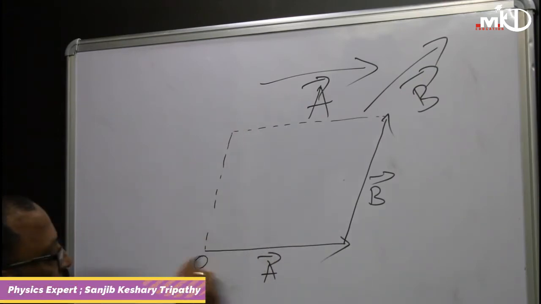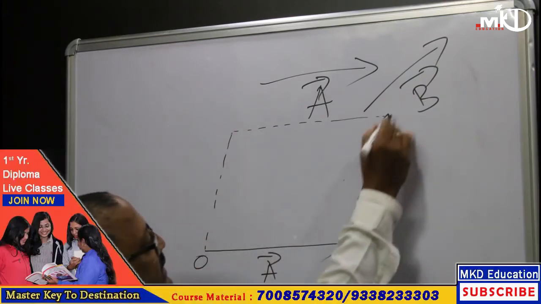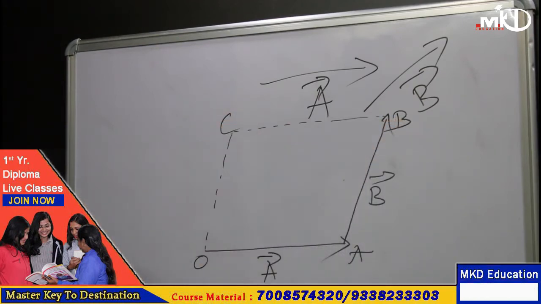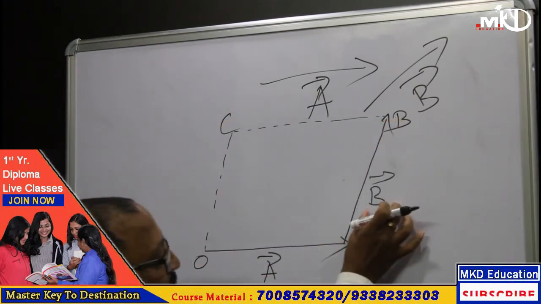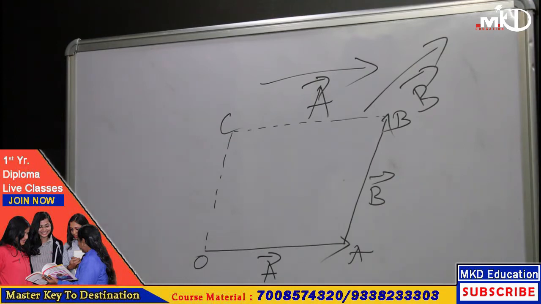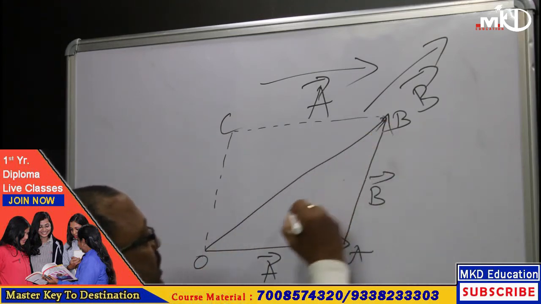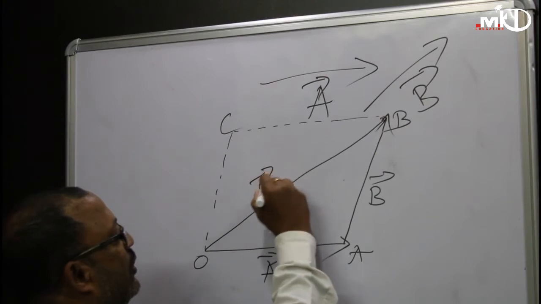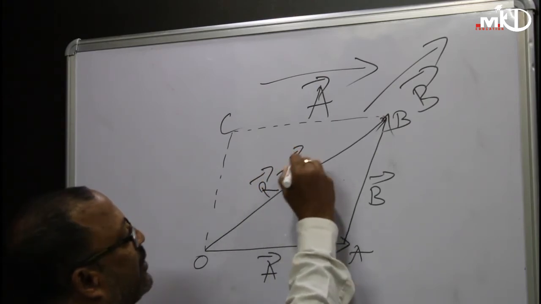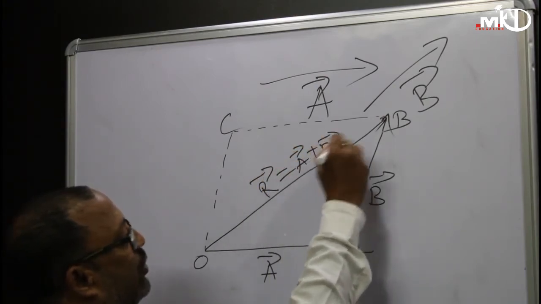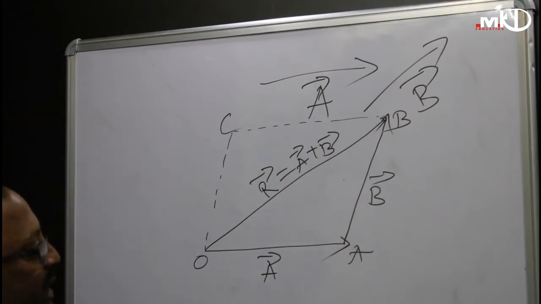Suppose this is O, this is A, this is B, this is C. This A vector and B vector represent the two sides of the parallelogram, or as per your statement, you can say P and Q. Therefore this diagonal represents the resultant of the two vectors, that is R is equal to A vector plus B vector. This is a geometrical representation.